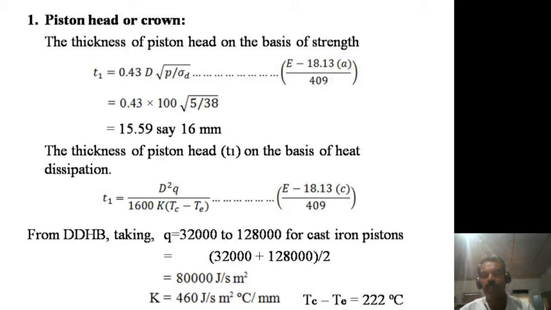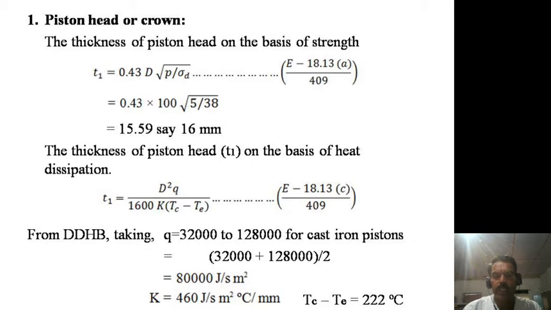This formula is available on page number 409 in the DDHB, that is the Design Data Handbook. Here the Q value is not given in the problem, so Q can be taken from the DDHB, which is the standard. This is a cast iron piston, so for the cast iron piston the range of Q is this much. Therefore K is equal to 460 joules per second per meter square per degree centigrade.